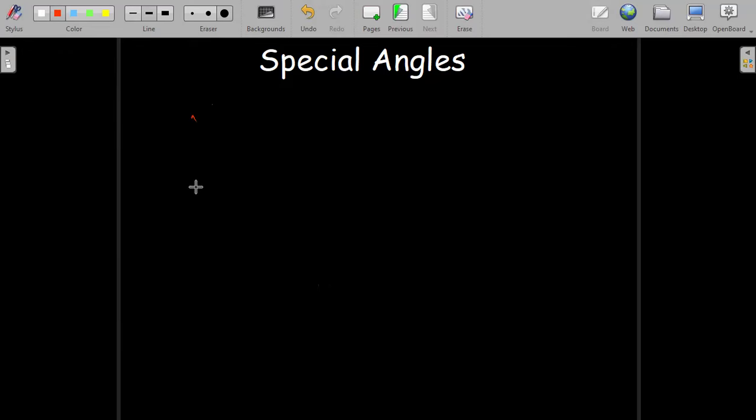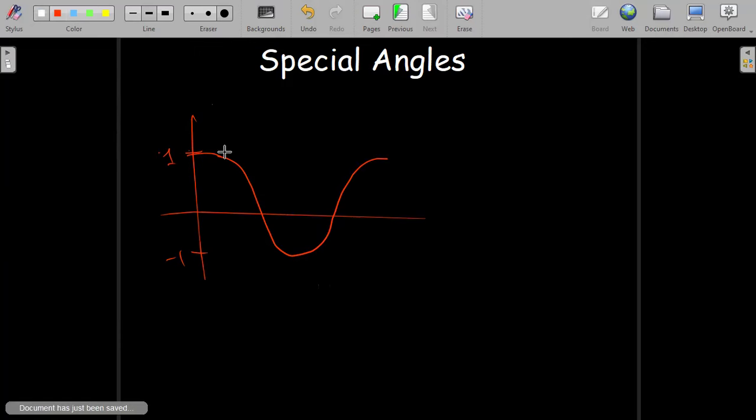So the cosine graph starts from here. So you have 1, and then you have -1. The cosine graph starts from the top, and it falls like that, cuts the graph, and it goes like that. So what you have here is the 0.